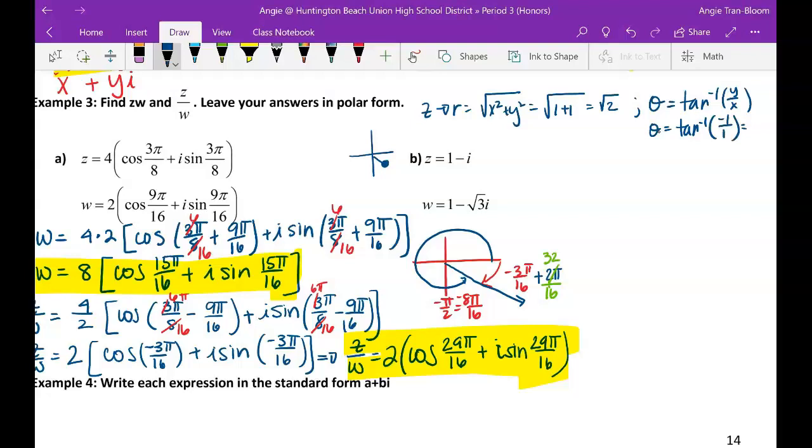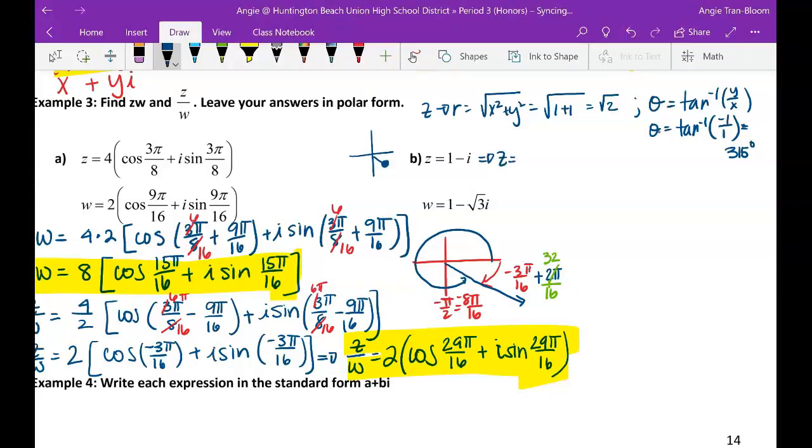If you punch this in your calculator, it's going to give you negative 45 degrees, but you can't have negative 45 degrees because theta is restricted from 0 to 360. So I would now have to use 315 degrees. So that's theta, and that is r. Now let's put z in polar form.